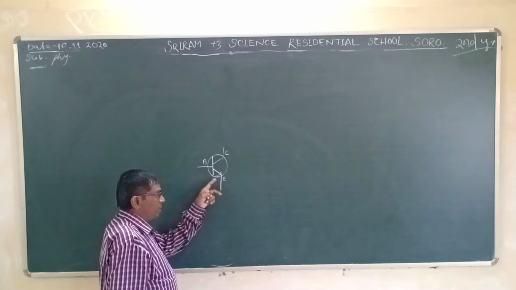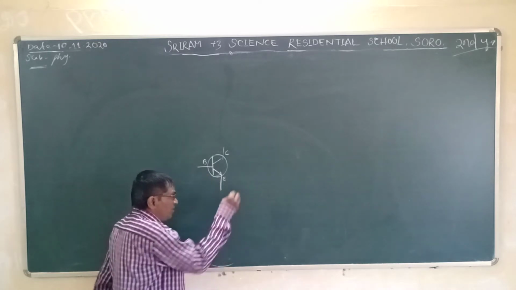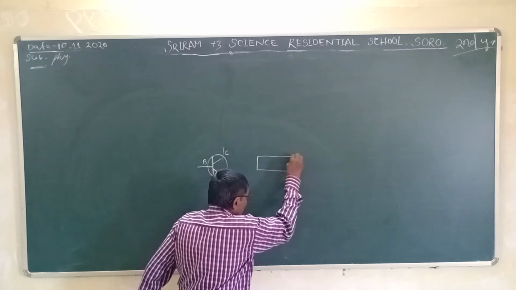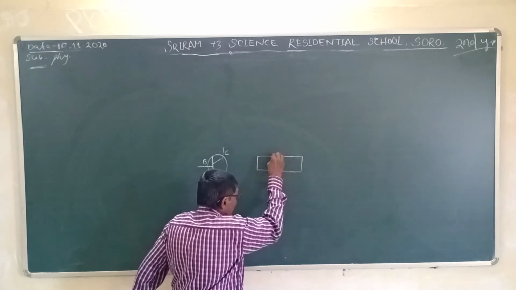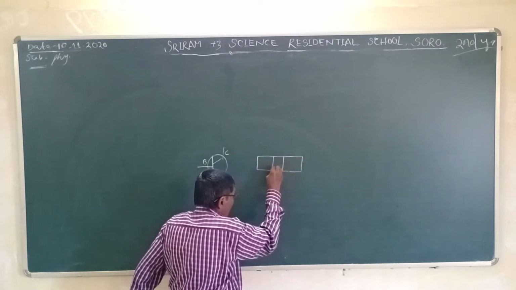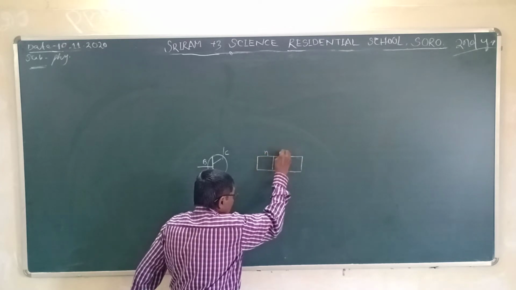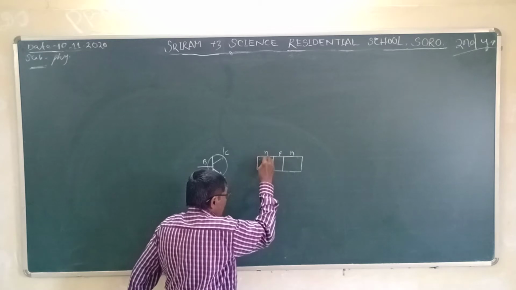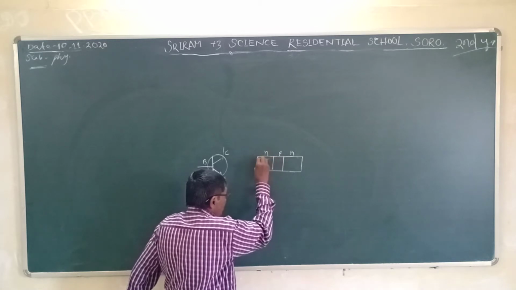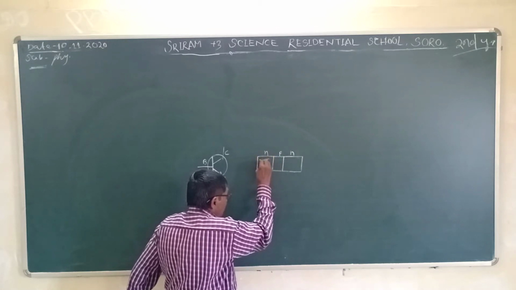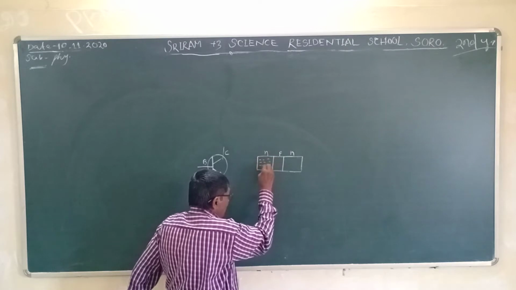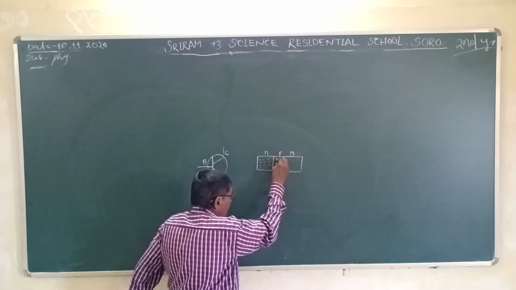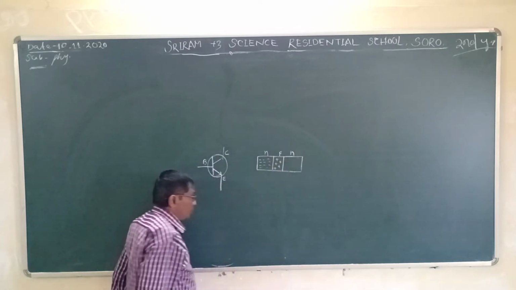This is the physical construction of the transistor: N, P, N. This region has all electrons, negative charge particles, and this region has holes.